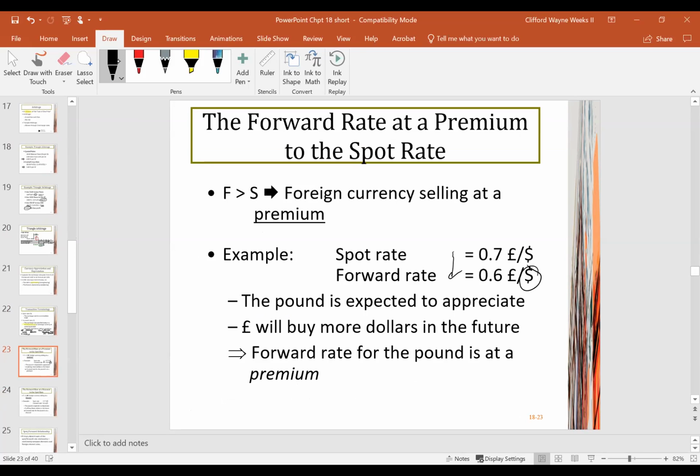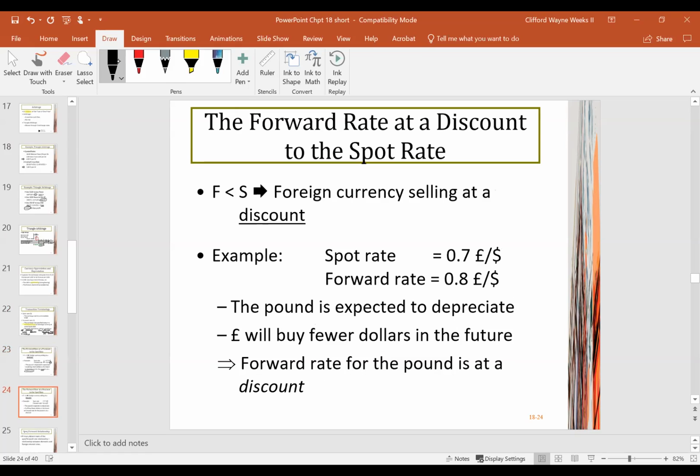The pound is expected to depreciate. If that's the case, then the US dollar is depreciating, or declining. The forward rate of the pound is what's referred to as a premium, because we're looking at the pound, not the US dollar. The forward rate is a premium. Guess what? If this was the opposite, it would be the discount.